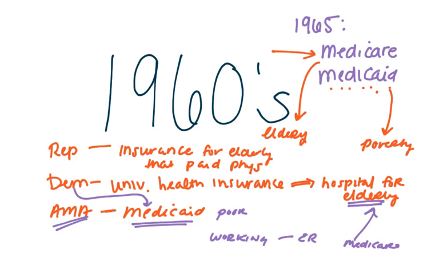However, in the deal-making process that took place, the Democrats knew that they would have to convince the Republicans and the American Medical Association, which at the time was a very, very strong lobbying group. They would have to convince them both to be on board.